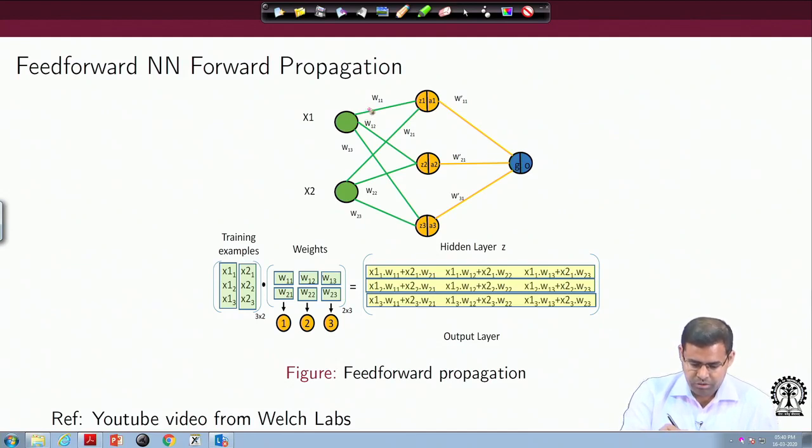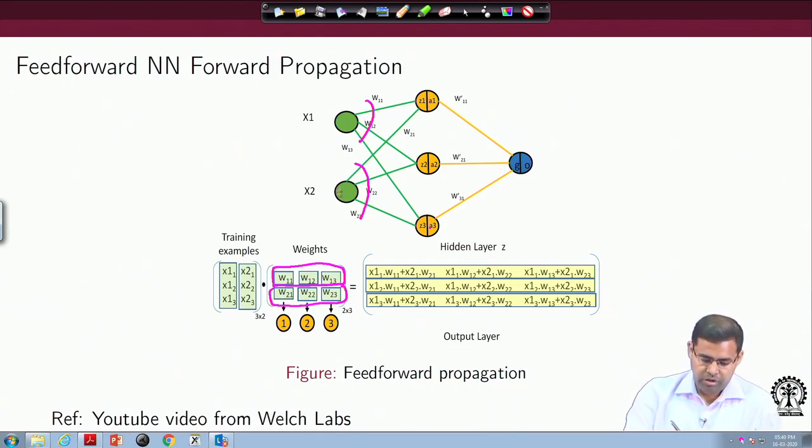For W1 you have 3 components, because W1 maps to the first neuron in the hidden layer, and W1 also has a component mapping to the second neuron in the hidden layer, and similarly a component mapping to the third neuron in the hidden layer, right. So these are the components of W1. Similarly, you have 3 components for W2, right.